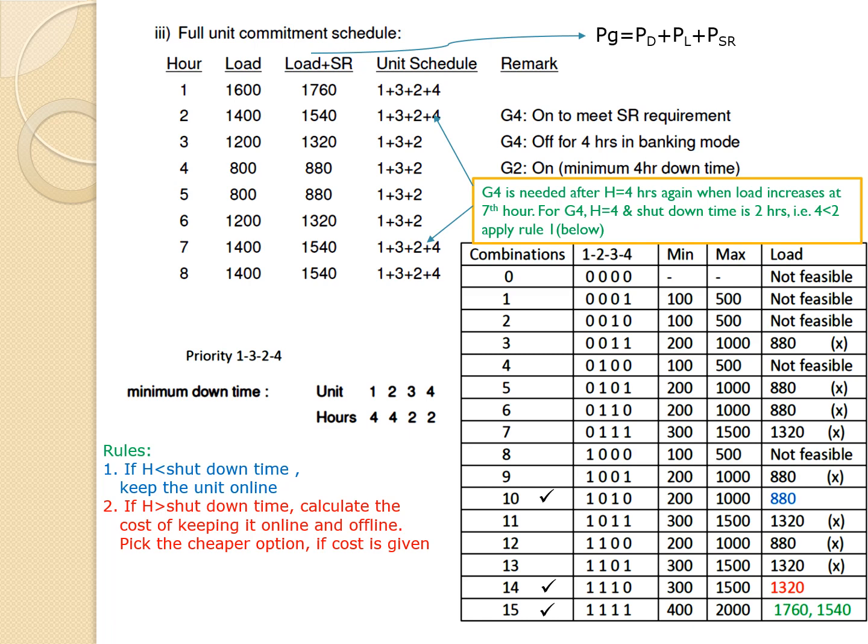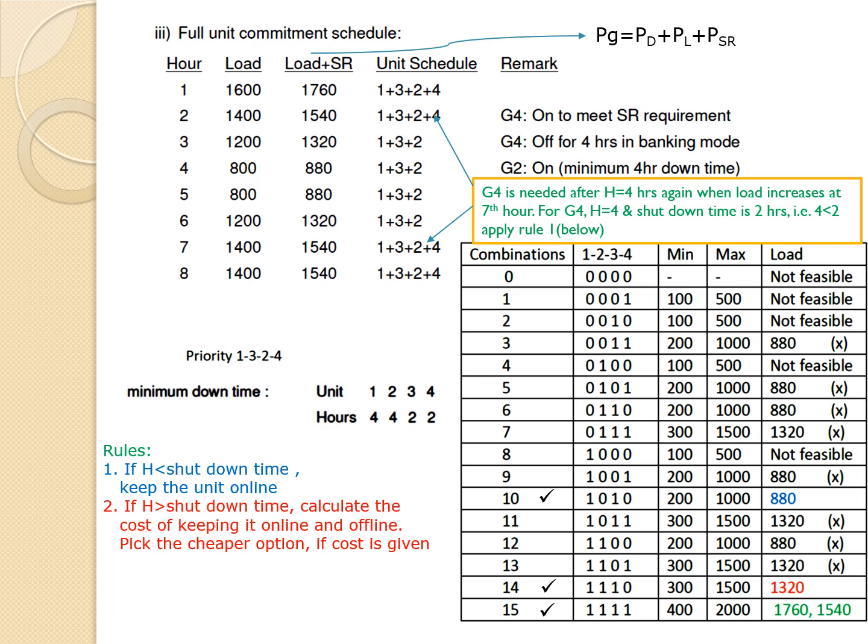If we look at the load plus SR combination, wherever it is less than 1000 can be met by this combination, where unit number 3 and unit number 4 are kept in the on state. 1 indicates that unit number 3 is in on state, unit number 4 is in on state, and the maximum capacity of both units is 1000 megawatt, and together they can easily supply a load demand of 880 megawatts. The bracket in which I have written cross, I'll explain this later on.